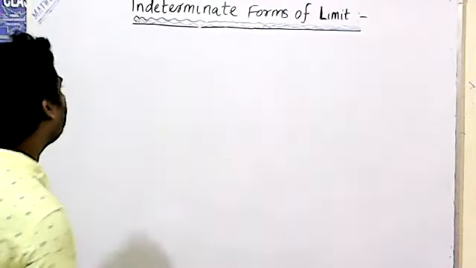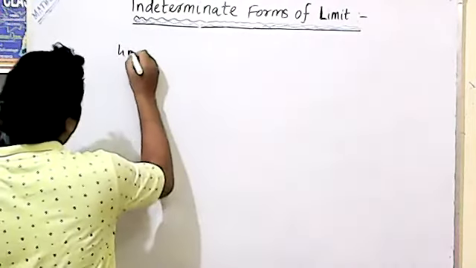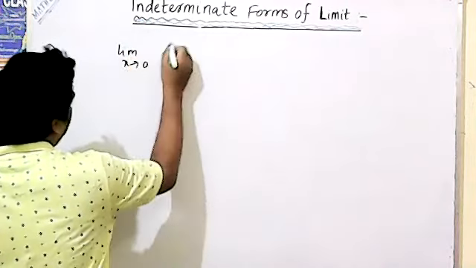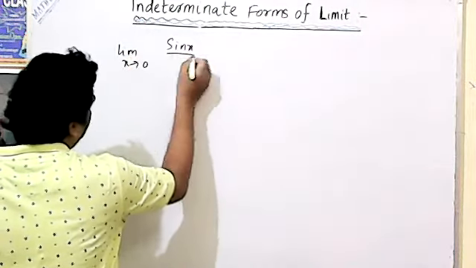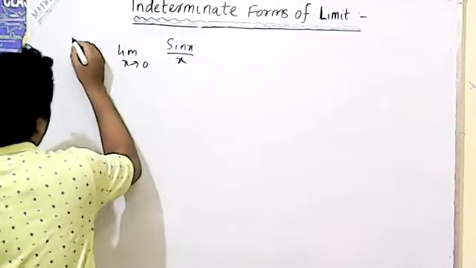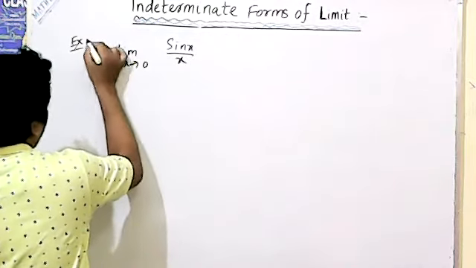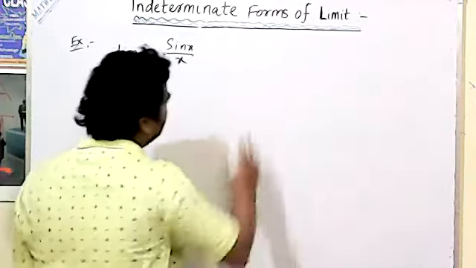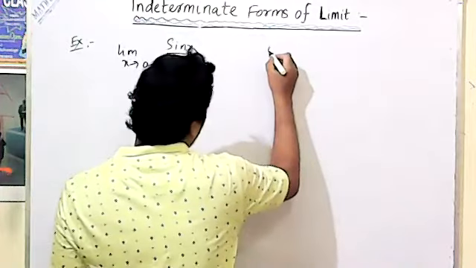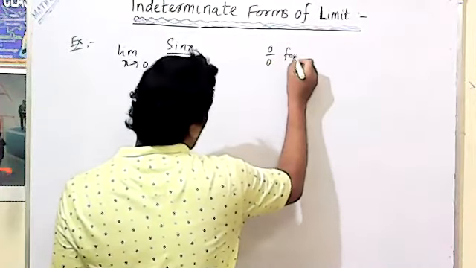Now take one example: limit x tends to 0 of sin x by x. At that time, here is a 0 by 0 form.